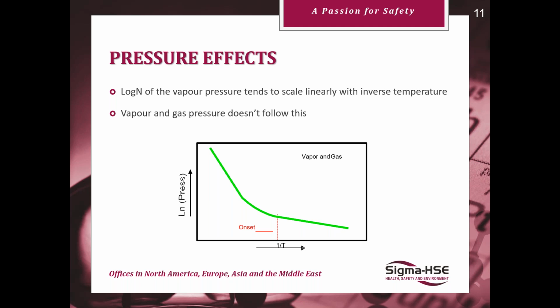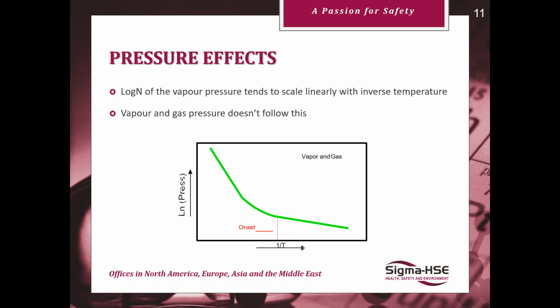So pressure effects, I just mentioned vapor pressure. So you've got a mass of water, and with temperature you're going to get more and more vapor in the head above it. The natural log of the vapor pressure against temperature tends to scale linearly.